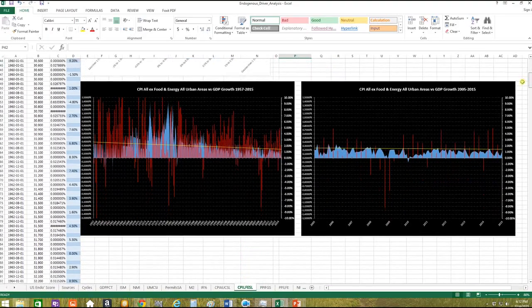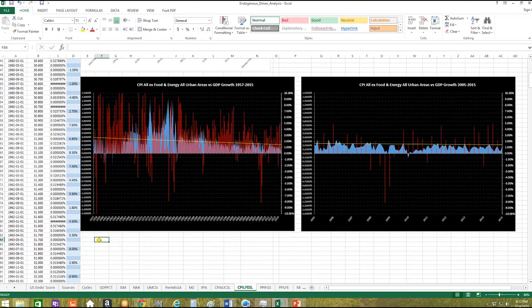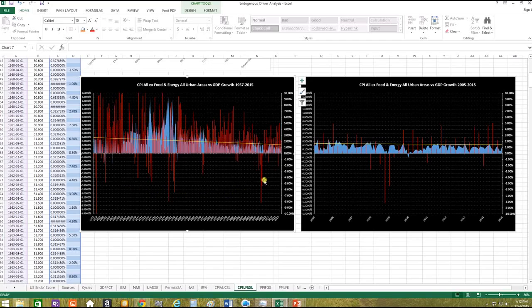And further down, similar to the analysis earlier with CPI including food and energy, we look at the data pictorially. Firstly, we look at the data relative to real GDP, going back for the whole history, all the way back to 1957. On the left-hand side, in blue, we have the CPI excluding food and energy, and these are the monthly percentage changes.